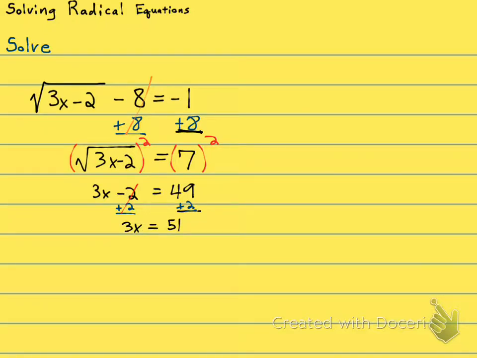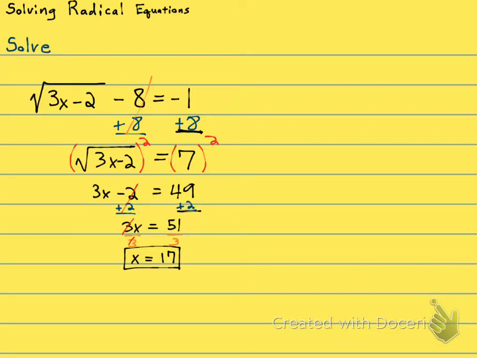Let's divide both sides by 3. All right, and the 3's will reduce down to 1x, equals 51 over 3, 17.